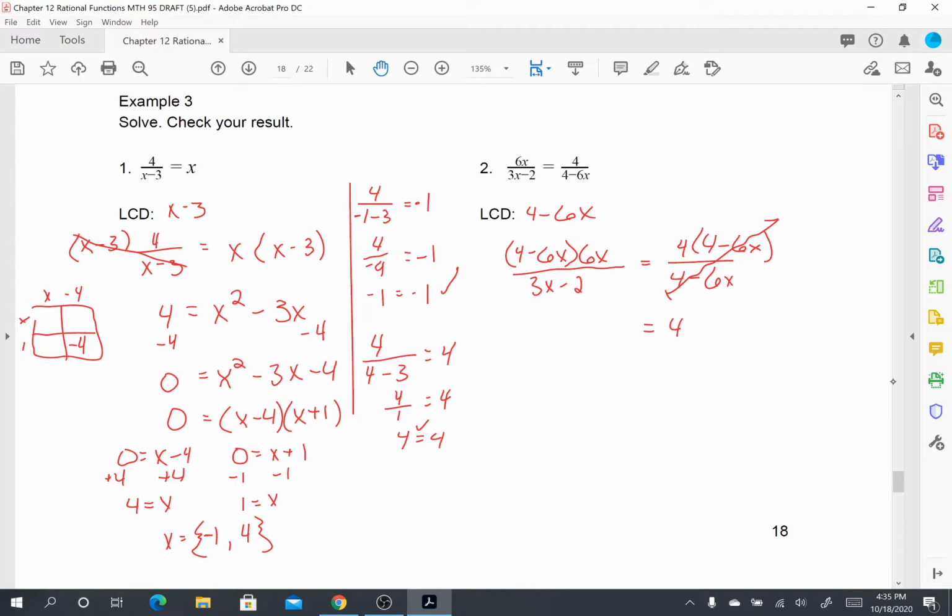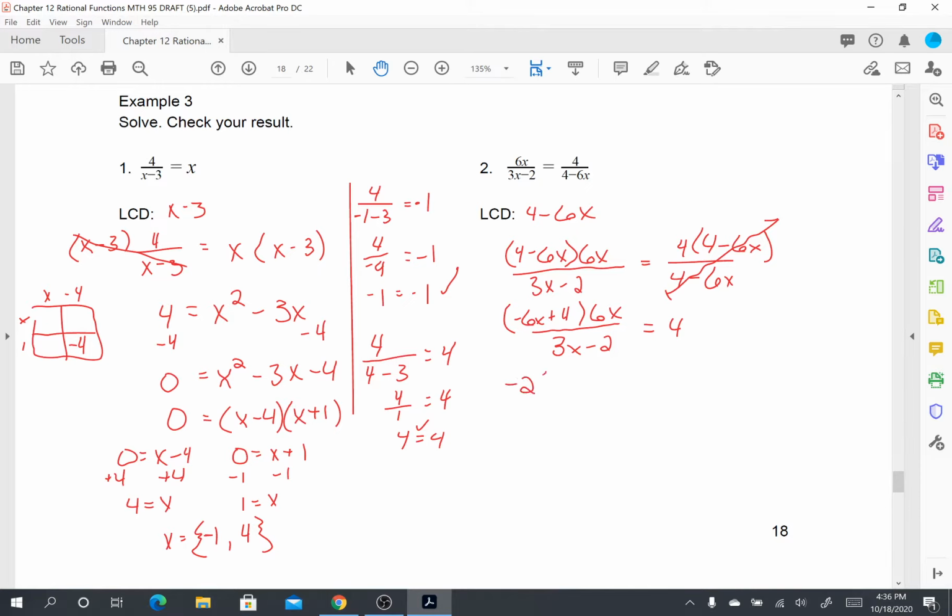So I'm going to rewrite it in the same way that the denominator is written. So I'm going to leave the 6x alone. I'm going to write it as negative 6x plus 4. And I'm going to take a negative 2. Yeah, that sounds better. Negative 2 out of the numerator in that first parenthesis.